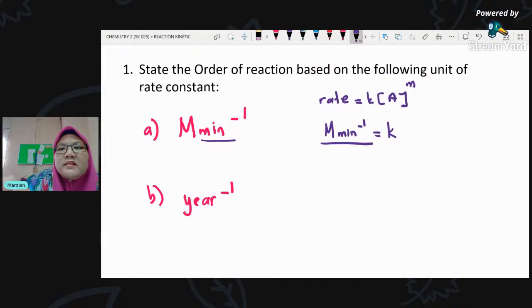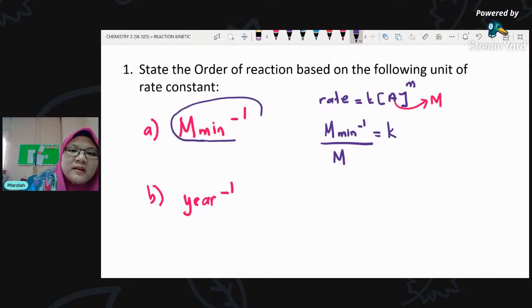So what is the unit for M? M is supposed to be in molarity. To get molar per minute, what is the expected power for this M? Because we want to get M per minute, so this must be the power of zero, so that M to the power of 1 minus 0 equals 1. Since this is the power of zero, it means that your m is 0.